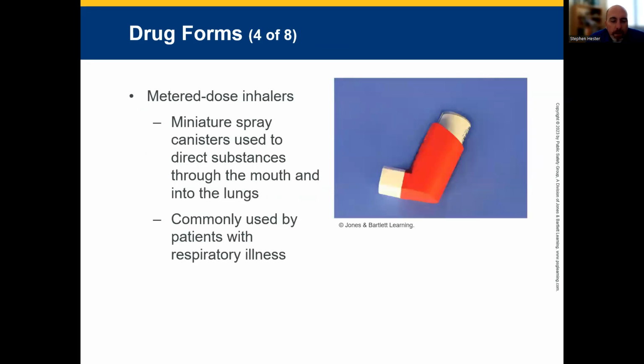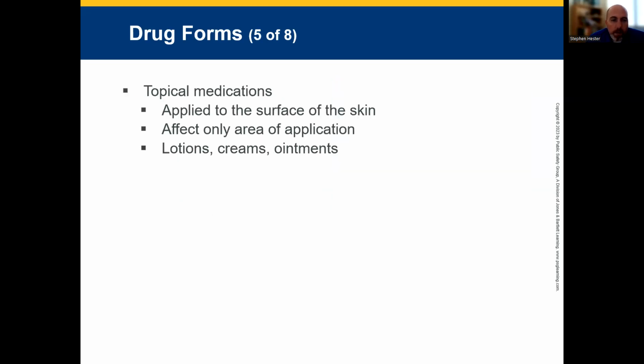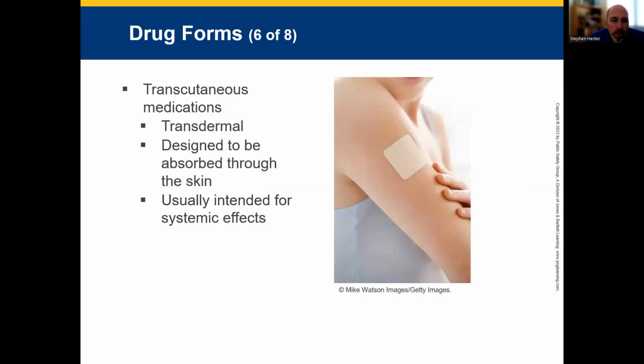Metered dose inhalers, albuterol is one of our most popular, and they're usually prescribed to patients with a respiratory illness. Topical medications are applied to the surface of the skin, so they could be lotions, creams, or ointments. Transcutaneous medications may be transdermal, absorbed through the skin, and are usually intended for systemic effects.